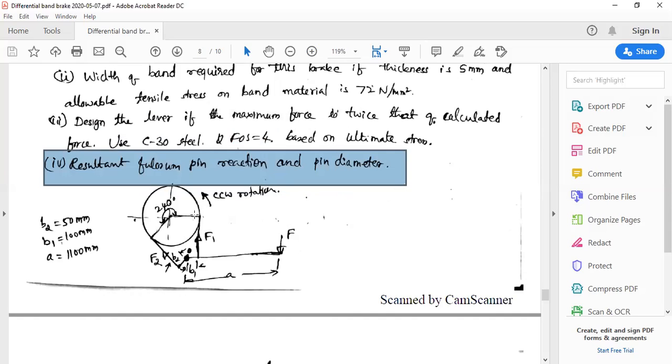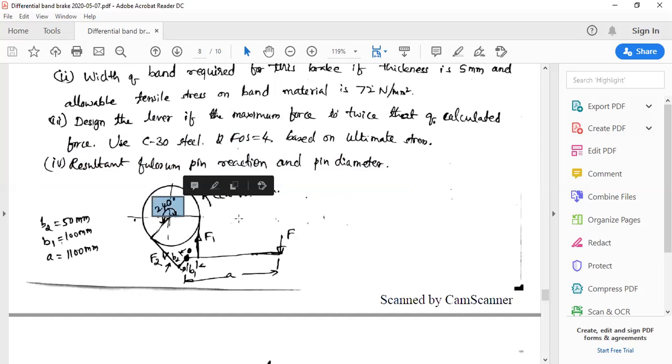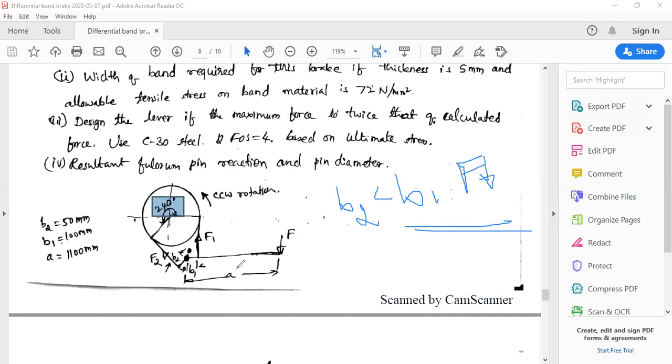With this information, the dimensions given in the sketch we also have to note. Theta is 240 degrees, B2 is 50 mm and B1 is 100 mm. Here B2 is less than B1, hence the line of action of F acts in the downward direction when the lever is placed in the downside.